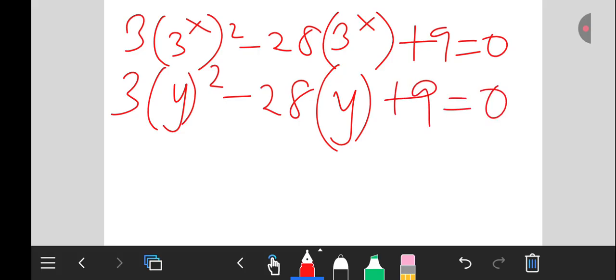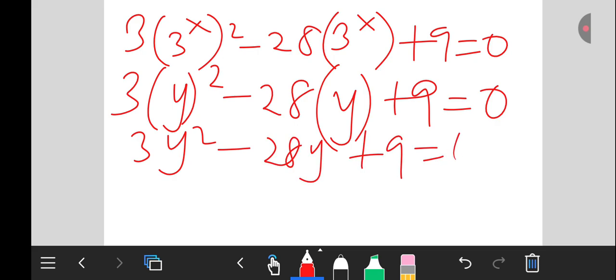Okay? So this is 3y squared minus 28y plus 9 is equal to 0. Now, at this point, we find the product. The product is equal to 27, 3 by 9.